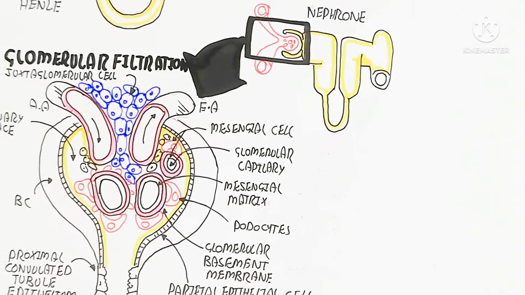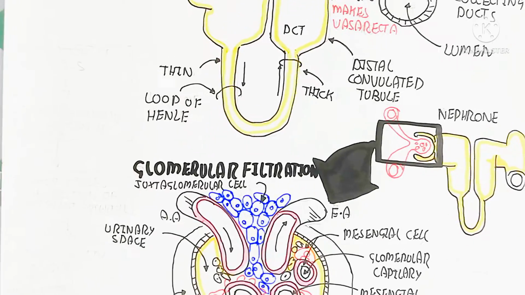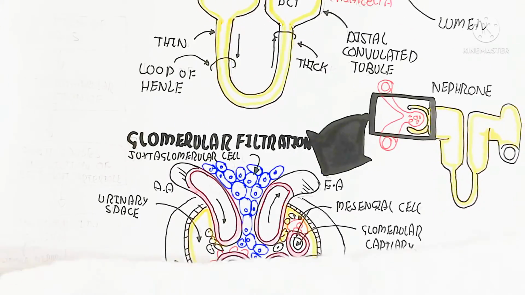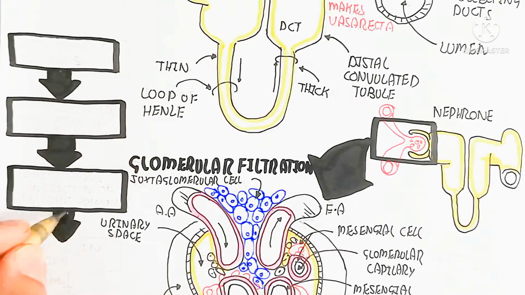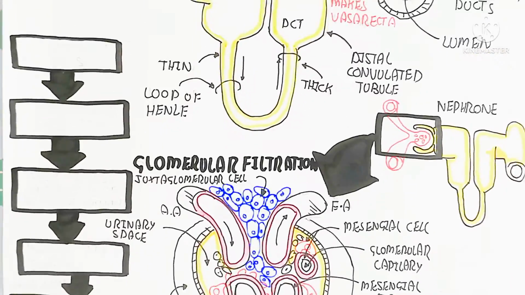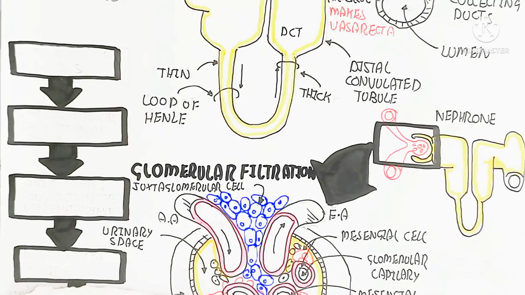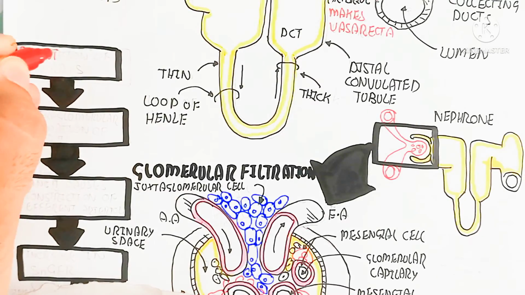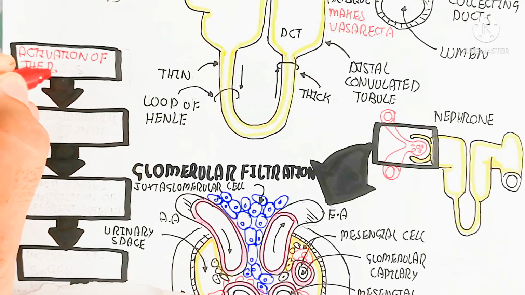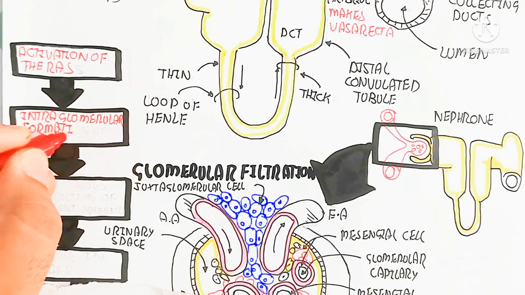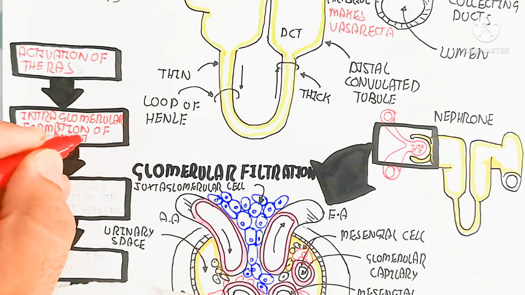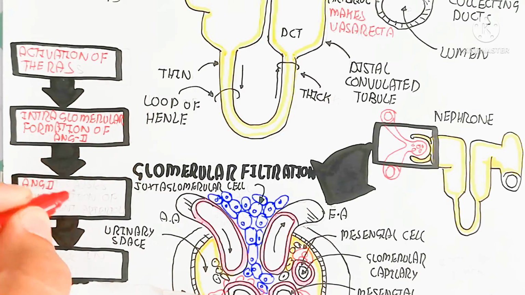The slit diaphragm is very important for containing a negative charge. In this way, proteins and amino acids also carry a negative charge. Albumin protein carries a negative charge and will not filter due to the repelling behavior from the negative charge present in the slit diaphragm.